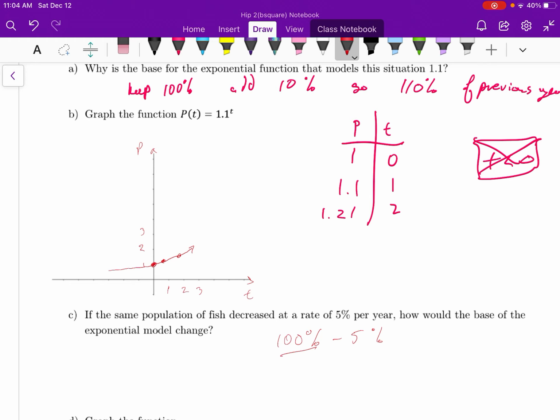So the second term of this binomial is really the decrease or increase. So it's minus 5%. So the base of that exponential function would be 0.95, because our base is 95%.